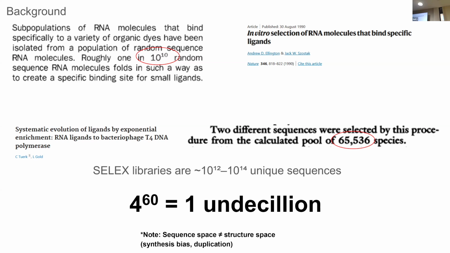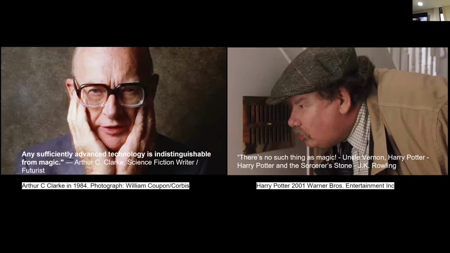So, okay, how can you actually work on this? And machine learning, we got a big computer to play video games. We're like, hey, we could use this for something else besides video games. Arthur C. Clarke said, any sufficiently advanced technology is indistinguishable from magic.